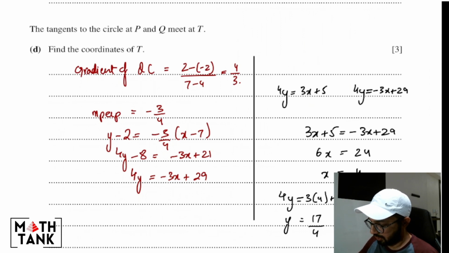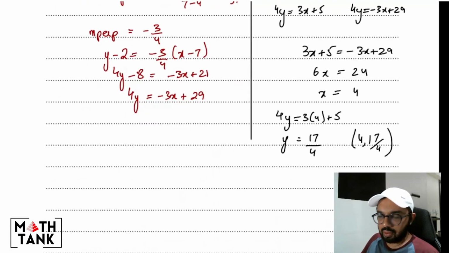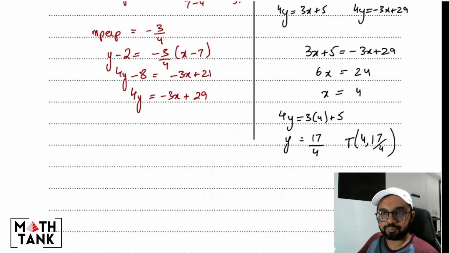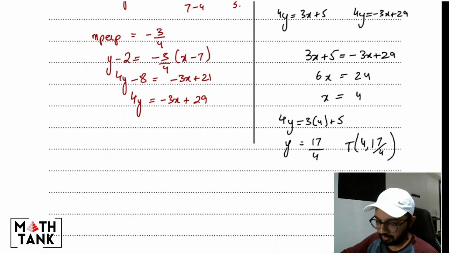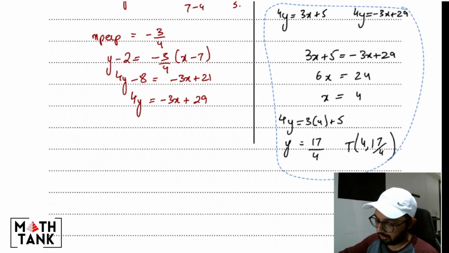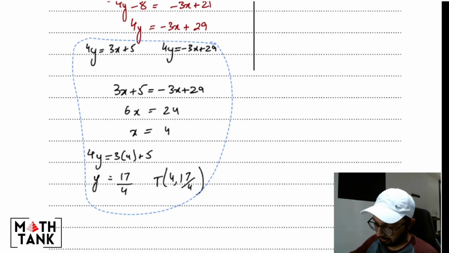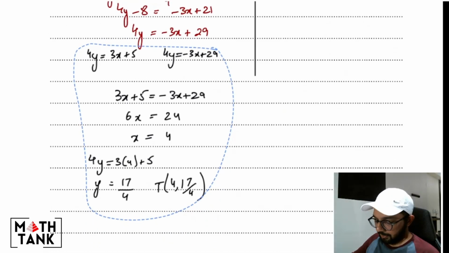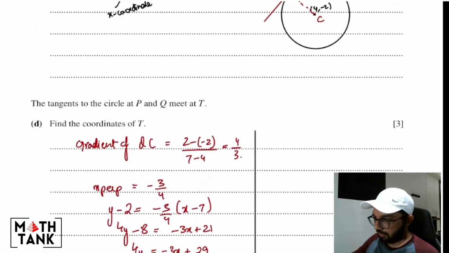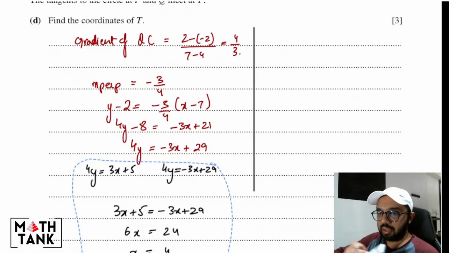So it's 4 comma 17 over 4. And those should be the coordinates of T. I didn't realize you can see that. Let me just put that here so that I can scroll down. Okay, those are the coordinates of T. What it would have created is a square.